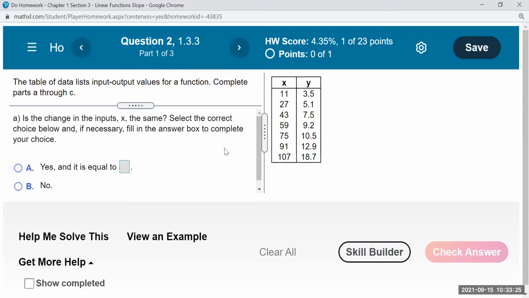I can do this next one. Are the x values the same steps?